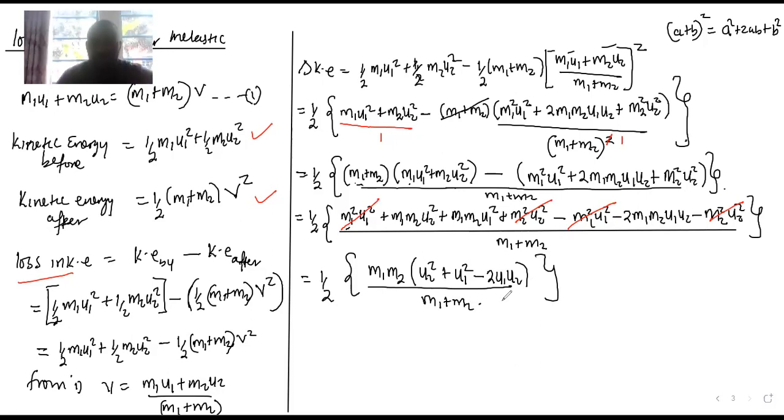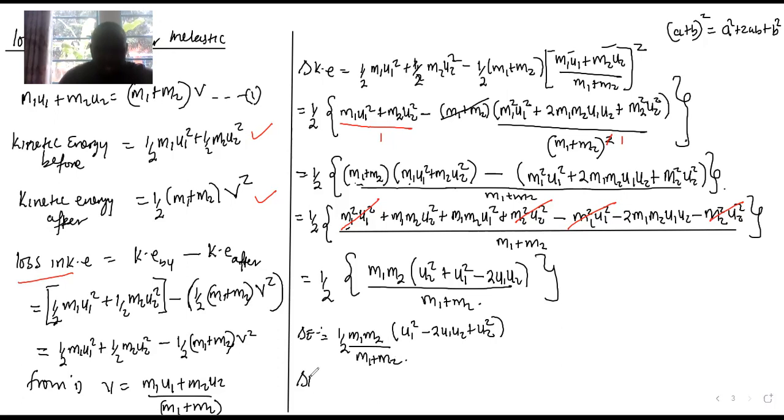We are condensing the expansion. Finally, the change in energy can be realized as M1, M2, open brackets, U1 squared minus 2U1, U2 plus U2 squared, close brackets, all divided by M1 plus M2.